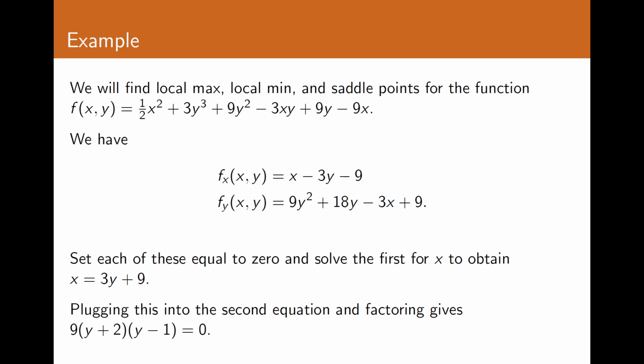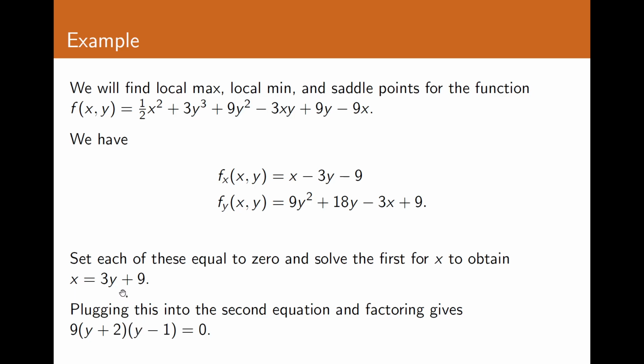So it might be a good idea at this point to pause the video for a moment and go ahead and do that substitution and do the simplification and the factoring to make sure you get this answer as well. But once we've done this, we see this is going to be 0 when y is equal to minus 2 or when y is equal to 1. And then we can plug those back into the equation for x.